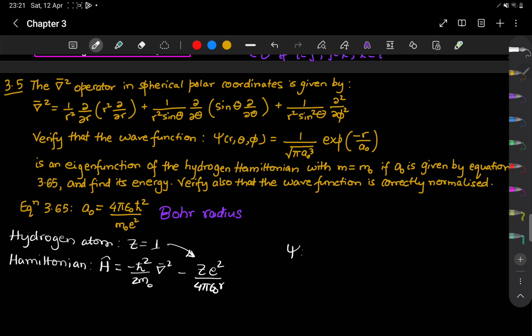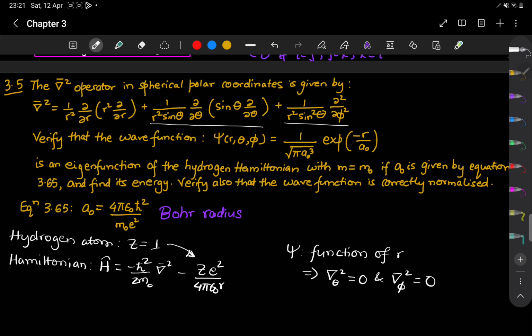And psi is a function of only r in our case. So this means that the components of grad squared in theta and in phi are both 0. That means this term, this component in theta and this component in phi, both of these are 0.